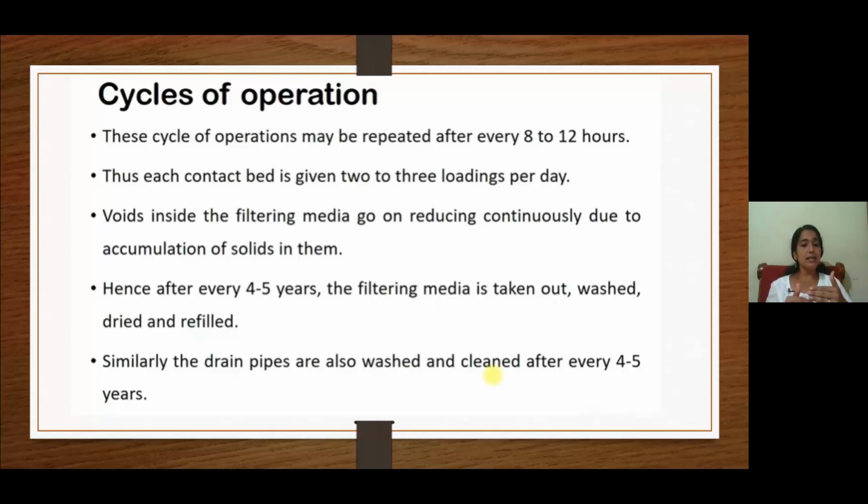The voids inside the filter media go on reducing continuously due to accumulation of the solids in them. Hence, after every 4 to 5 years, we have to remove this filtering media, wash, dry, and then refill the media. Similarly, the drain pipes are also washed and cleaned after every 4 to 5 years.